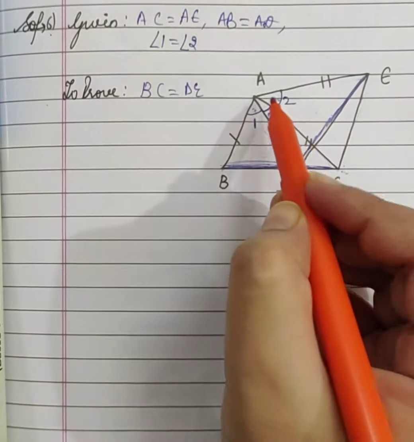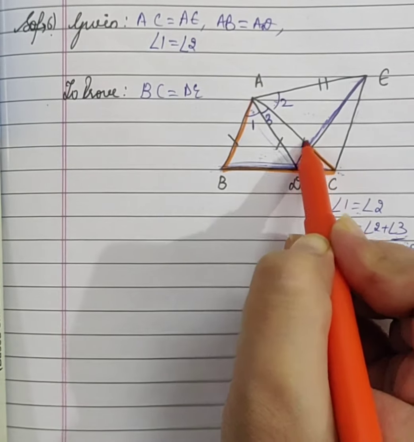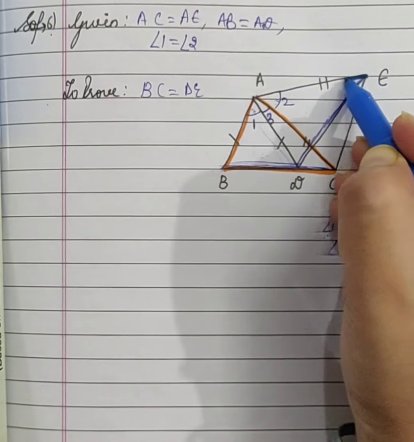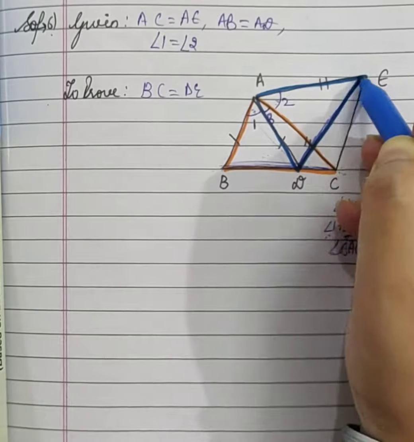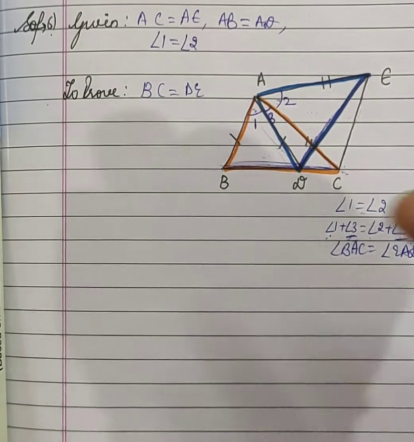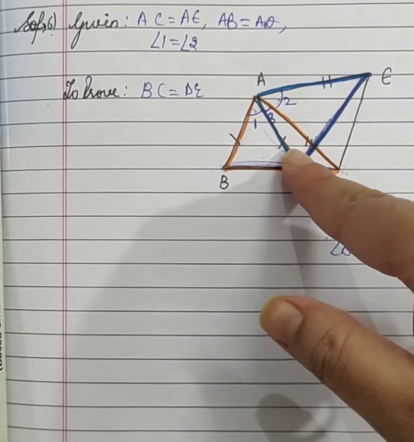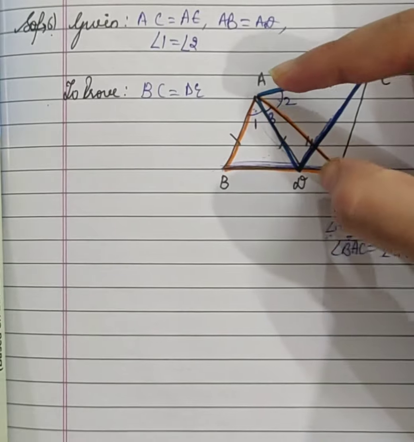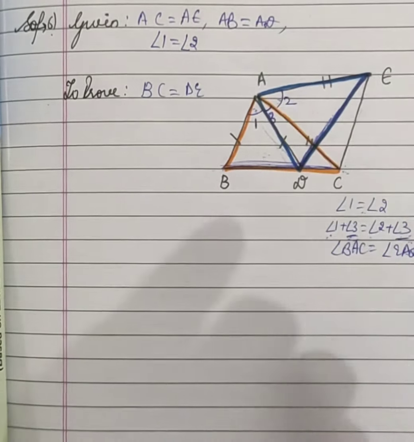Now if we consider triangle ABC and triangle EAD, if you observe these triangles, I'll call the first one the orange and this one the blue triangle. AB of the orange triangle is equal to AD of the blue triangle. This is the first condition.